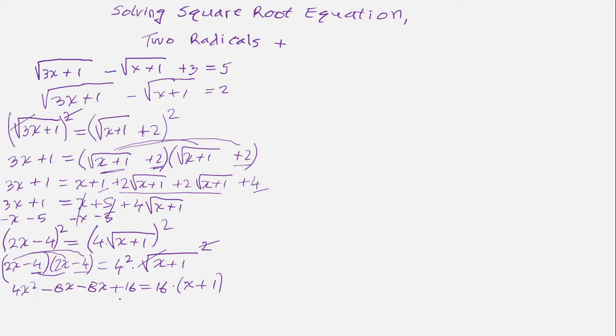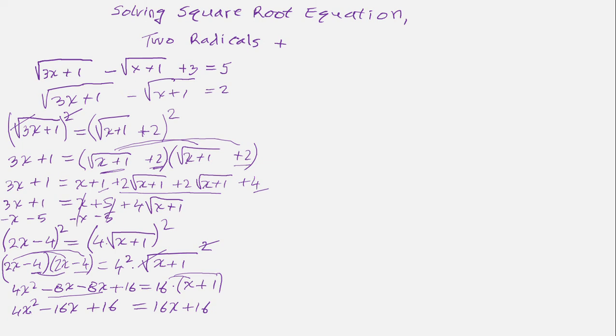Now the left-hand side simplifies to some extent, so let's do that. So 4x squared, these two would add together, so that's minus 16x, and then we still have the plus 16. Now distribute here. So 16 times x is 16x, and then 16 times 1 is 16.